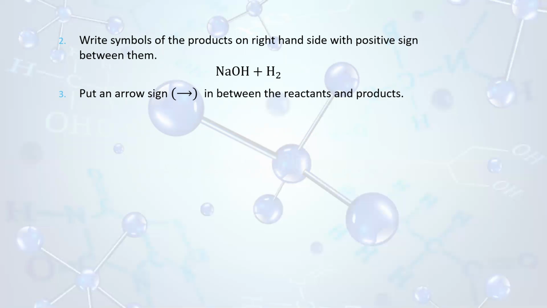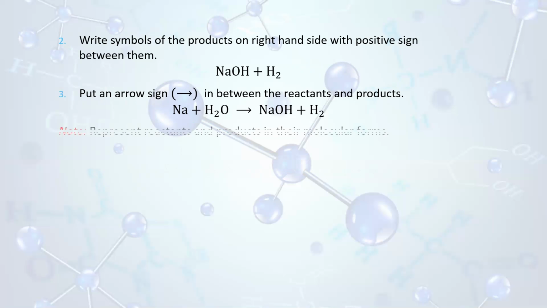This arrow mark shows the direction of the reaction, that is from reactants to products. So the arrow mark is headed towards the products. This is the required equation for the reaction of sodium and water.